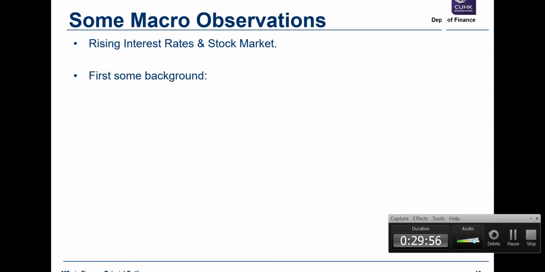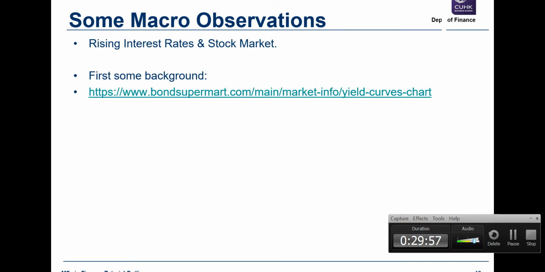Now, first, I'll give you some background. Okay? This is a website where you can look at yield curves of, I think, government yield curves. It's called Bond Supermarket. Government yield curves of different countries, and you can compare the yield curves on different dates.